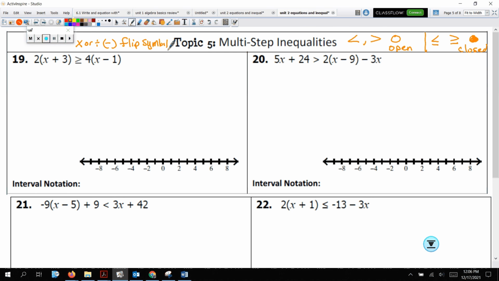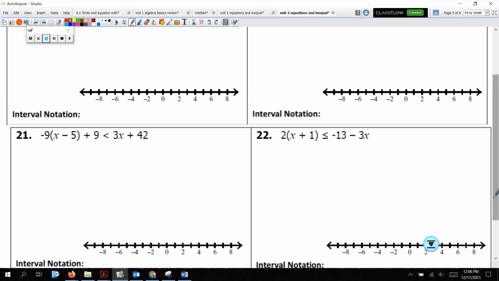All right, I'm going to do 21 for the sake of this practice. I see parentheses, I'm going to distribute. Negative 9x plus 45 plus 9 less than 3x plus 42. Every time you distribute, I want you to look for like terms. Do I have like terms on the left side or the right side? I have two numbers.